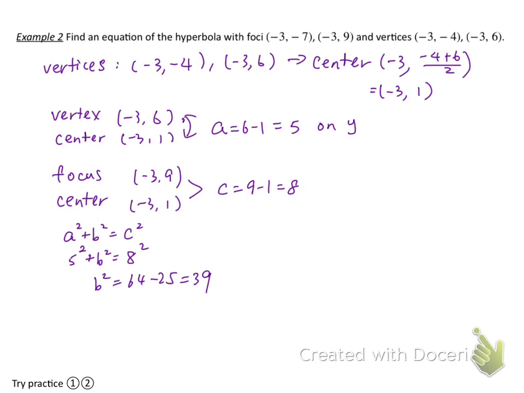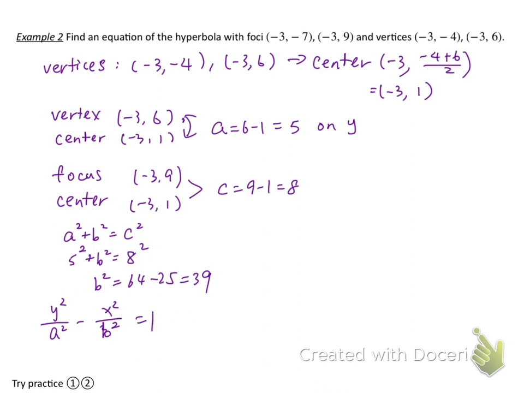And the original equation should look like the a happens on y, so the y term is positive: y squared over a squared minus x squared over b squared equals 1.